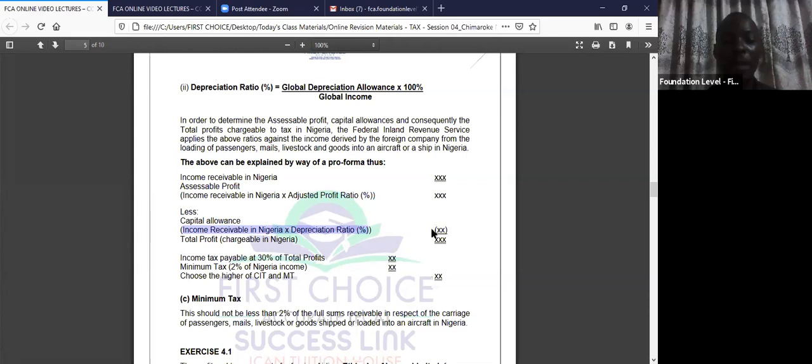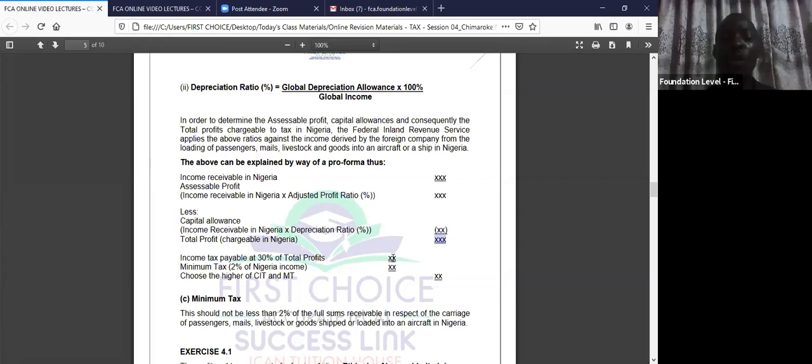You less one from the other, you have your total profits. Once you get your total profit, the next thing to do is to charge tax. So now you charge your tax at 30% of your total profits.